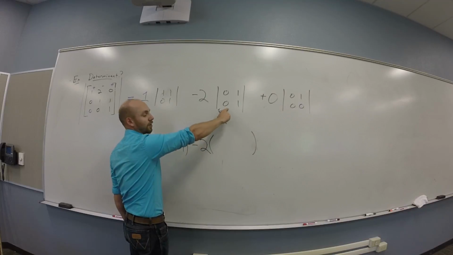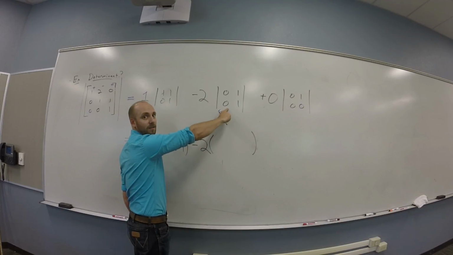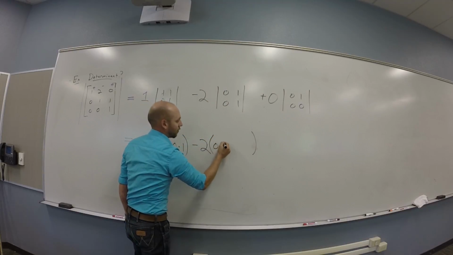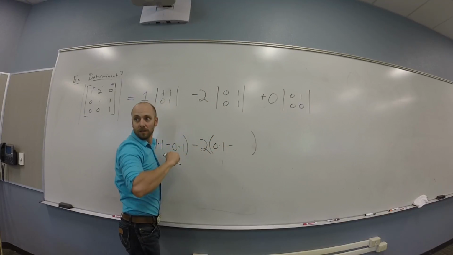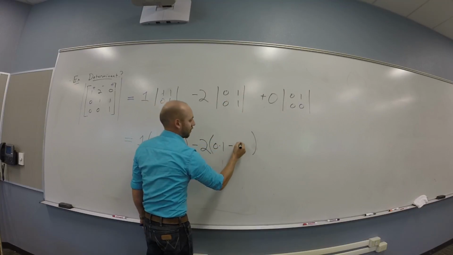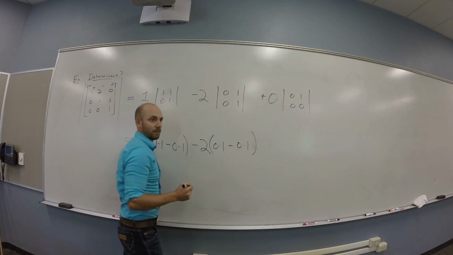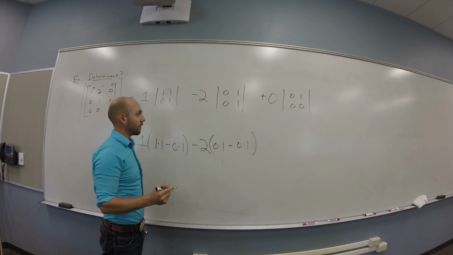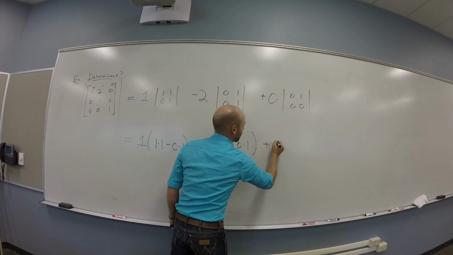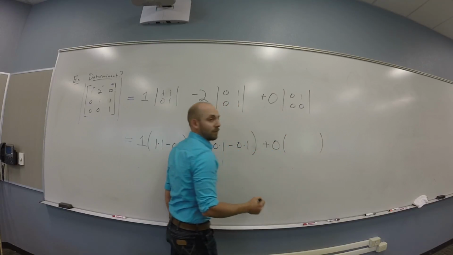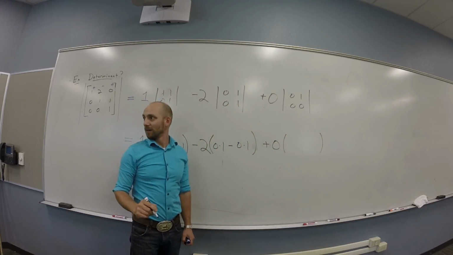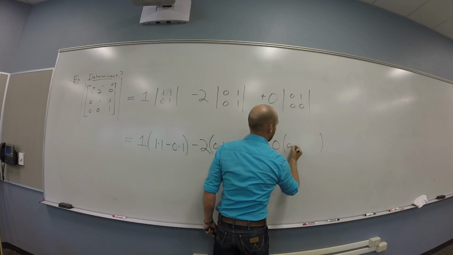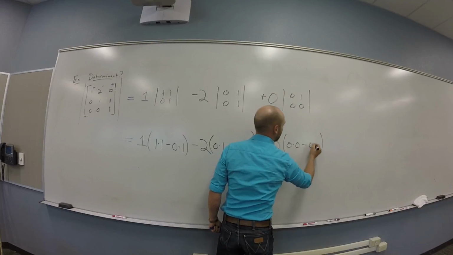And now I need to do the determinant of this little guy. So that's 0 times 1, minus the anti-diagonal, also 0 times 1. You guys cool with that? Then we're going to add 0 times, what do I get out of that? 0 times 0 minus 0 times 1.